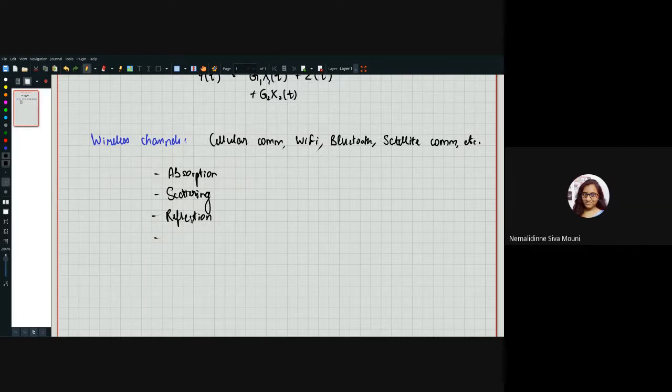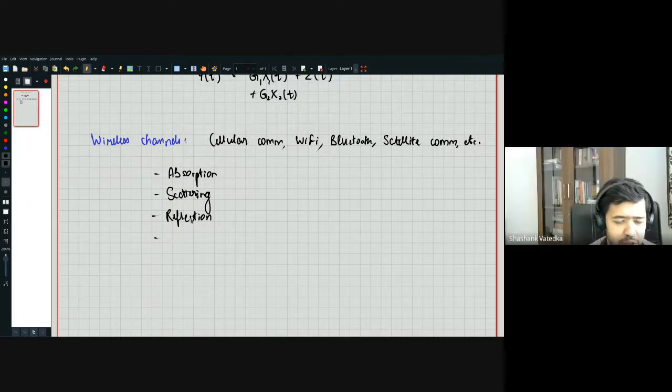Refraction also. Sure. So, well, diffraction, let's just put it under reflection. Right? So anything which deviates the path of the signal. Okay, so what else?